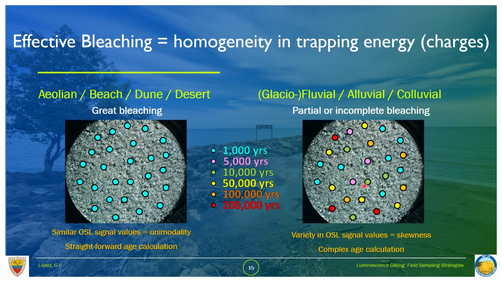And it's actually quite complex to calculate an age here because your sample is going to be very skewed in terms of luminescence signal. And you're going to have a multimodality of luminescence signals that you have to pick the most accurate from in order to calculate an age. But all this, Sebastian is going to explain to you in the next presentation.